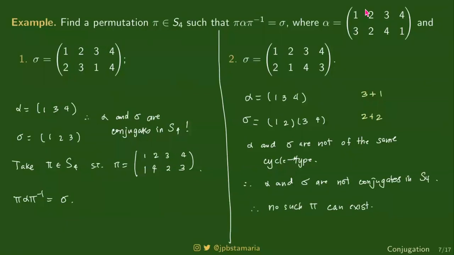Kahit anong gawin mo. Kahit itest mo pa lahat ng 24 elements nung S sub 4, isa-isahin mo, it will never be a conjugating element for alpha to get sigma. I hope naintindihan niyo yung example na ito. Do you have questions? Meron ba tayong tanong?